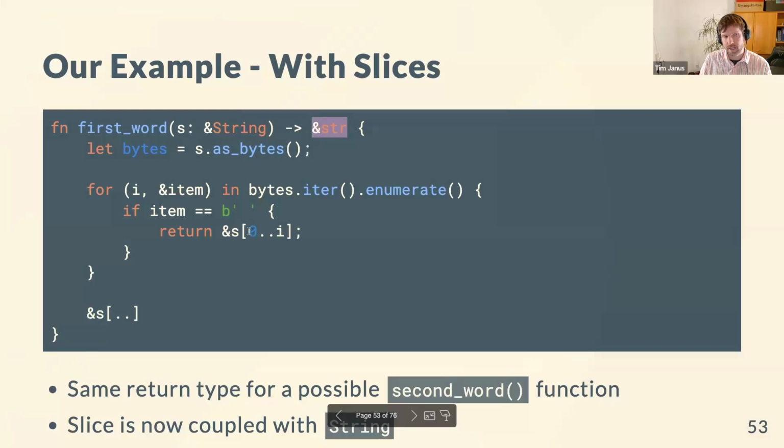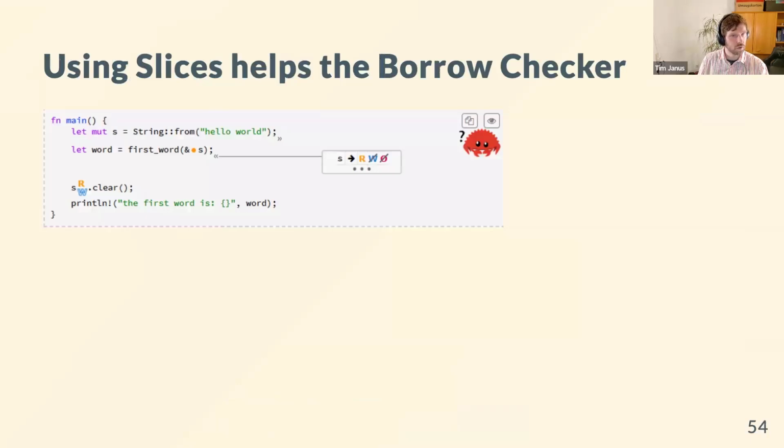So we index from 0 to i, but now if we would have a second word, for example, we could just have the same return type, which is cleaner from an API perspective. And the slice is now also coupled with the string here for the borrow checker, empowering the Rust compiler to help you more if the types are more bounded and having their constraints encoded.